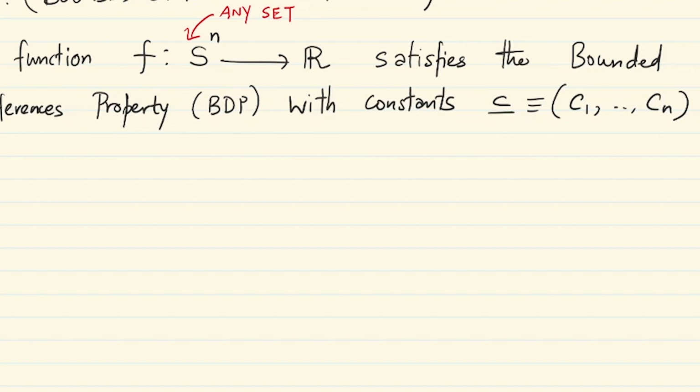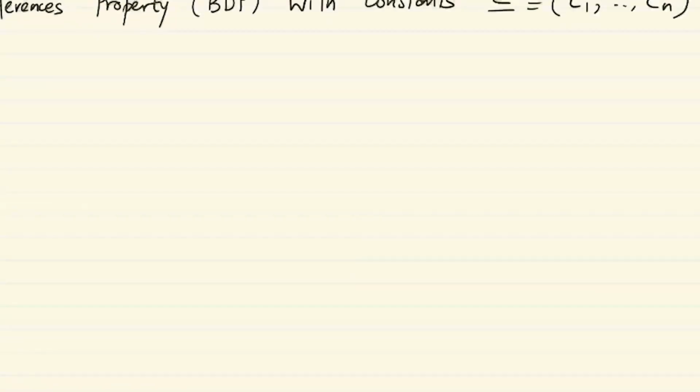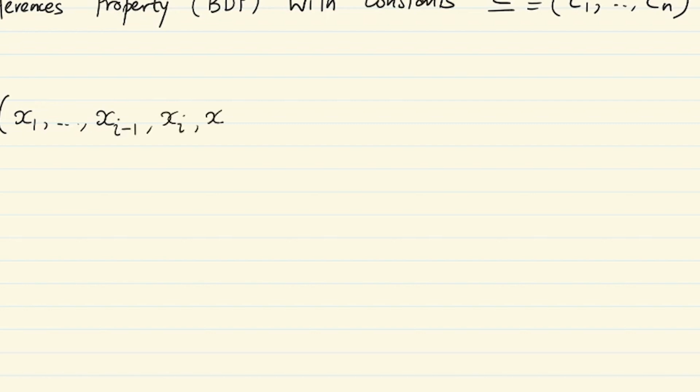If the following property holds: take the function, evaluate it at any n-tuple x1 through xn, so x1 through x_{i-1}, followed by xi, followed by x_{i+1} all the way up to xn, and take its difference from the same argument except where the ith argument is replaced.